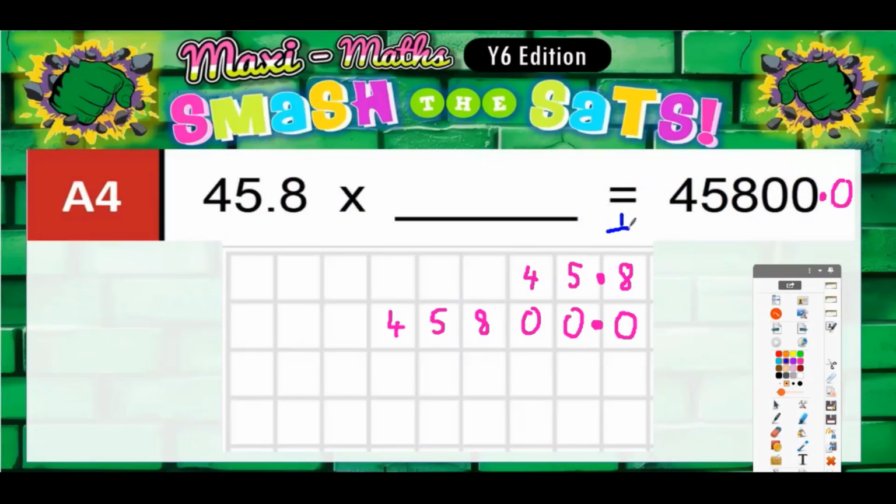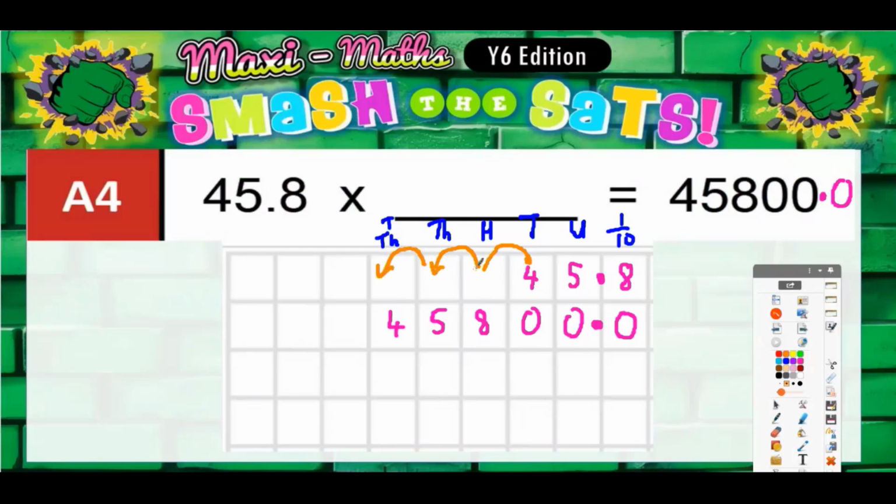So we've got tenths, units, tens, hundreds, thousands, and tens of thousands, all lined up in the correct columns. Now the question is, how many columns has each digit moved? Well, if you take the 4, for example, the 4 has moved 1, 2, 3 columns over.